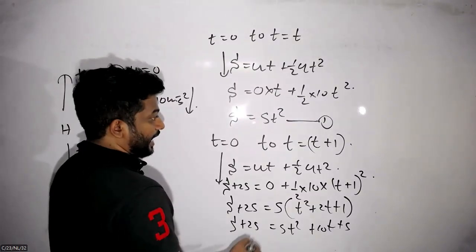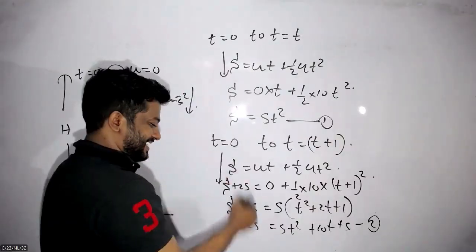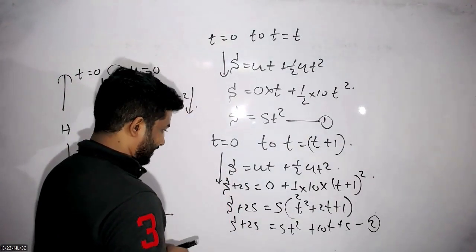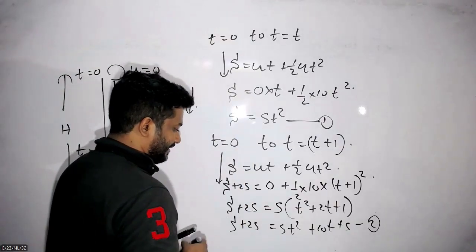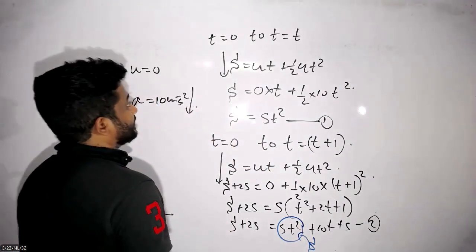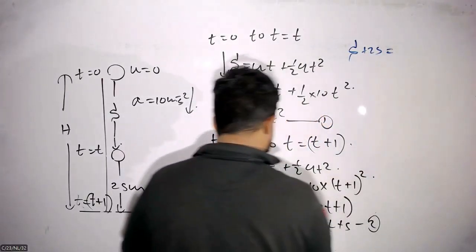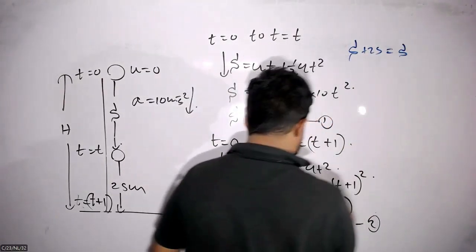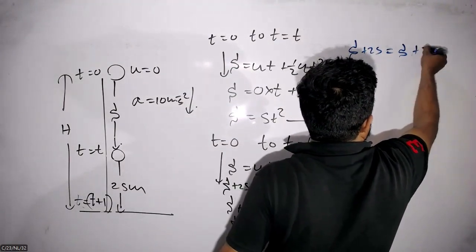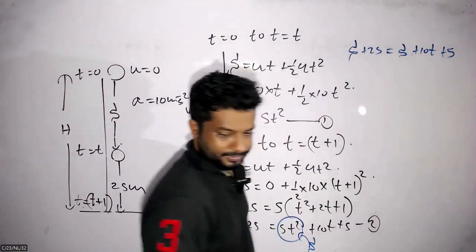Now you have obtained an expression for 5t squared. 5t squared is equal to s. Instead of this 5t squared, you can substitute s. Then s plus 25 is equal to s, substituting s for 5t squared, plus 10t plus 5, right?